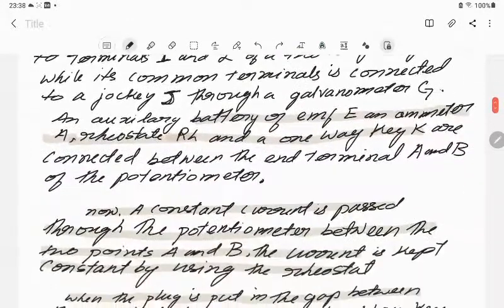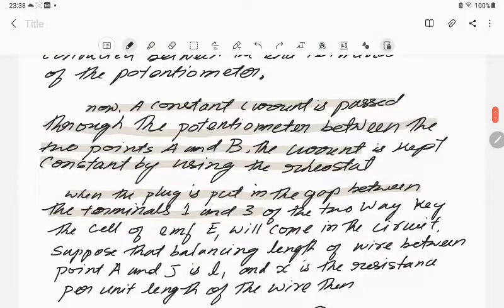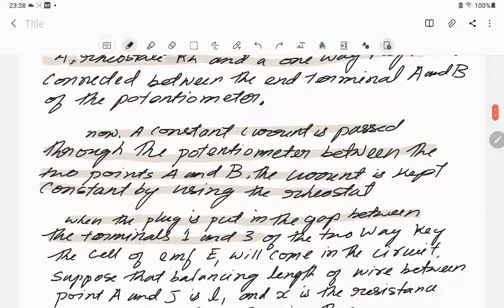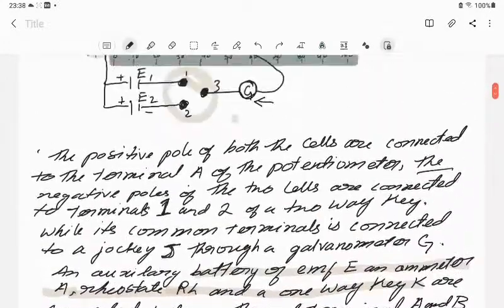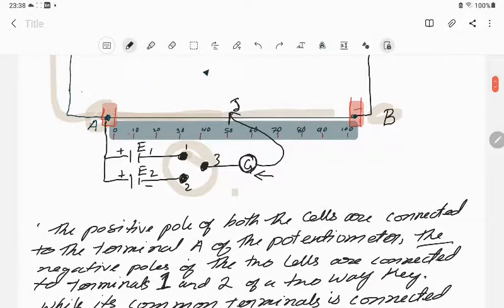So see it here, when the plug is put in the gap between terminal 1 and 3, that means 1 and 3 connection, switch on, okay. 1 and 3 on, that means current can pass through this one.